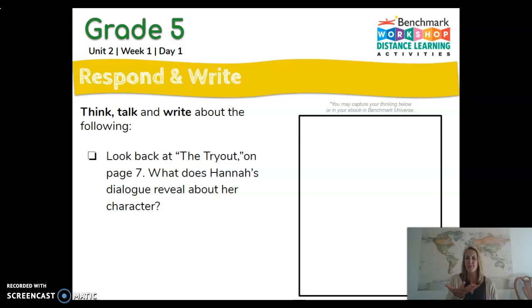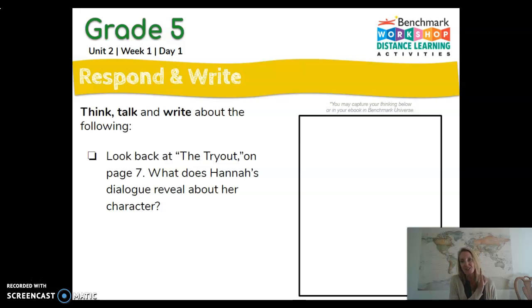What does that show you about her? What kind of person do you think she is based on the words that she's using? You'll find the assignment in Schoology, and you're looking for quotes, exact words Hannah uses, and you're going to infer about the type of person she is.